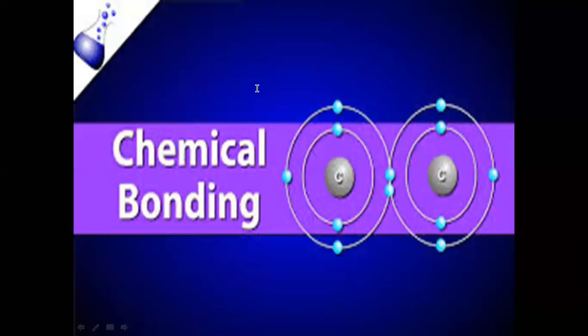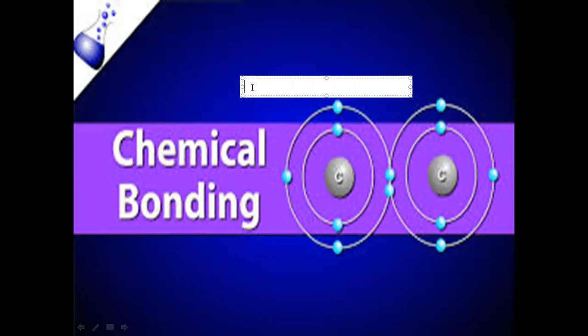So, the atoms are held together by a bond. That is chemical bonding. The atoms are held together by a bond, so that is a chemical bond.